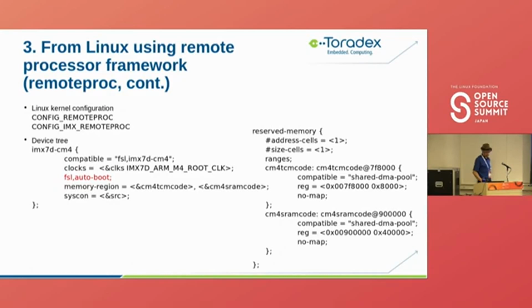And another thing which I kind of scratched before, this syscon stuff, which basically means that some of the registers that are relevant to control such cores are available in the SoC in some memory area which is used for miscellaneous stuff, and that you have to give it this syscon handle.